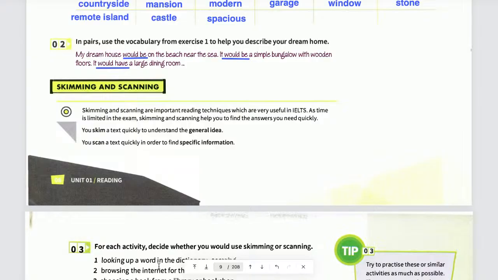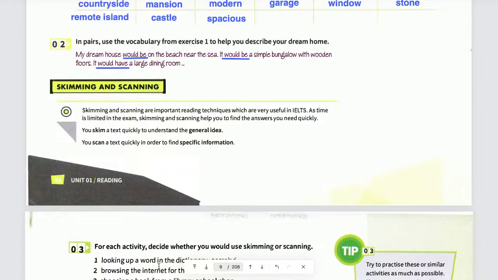Tôi. Skim is you read quickly to find the main idea, and scan is you read quickly but more careful to find information like the word. Yeah. Kind of, yeah, a bit better.